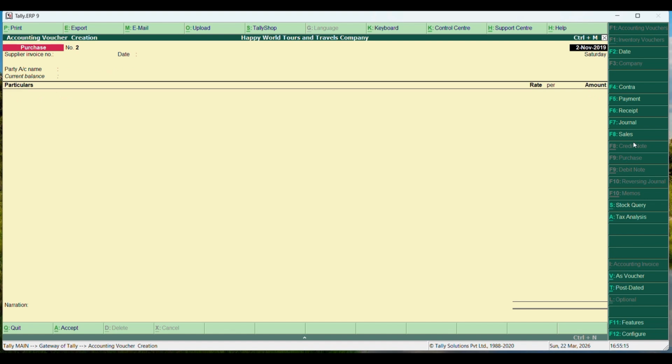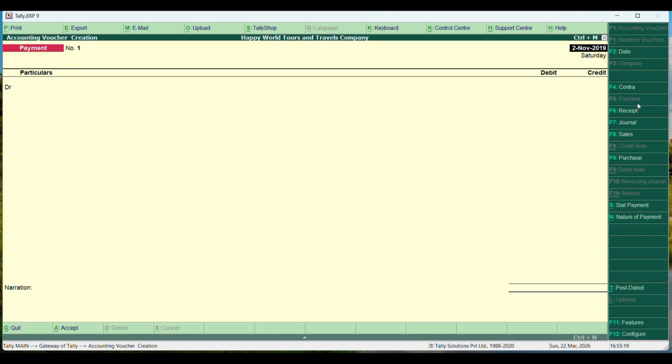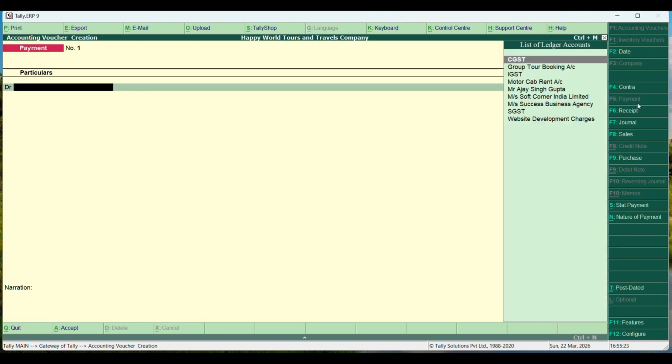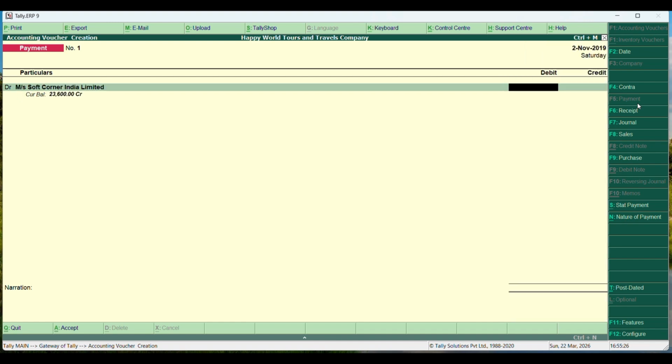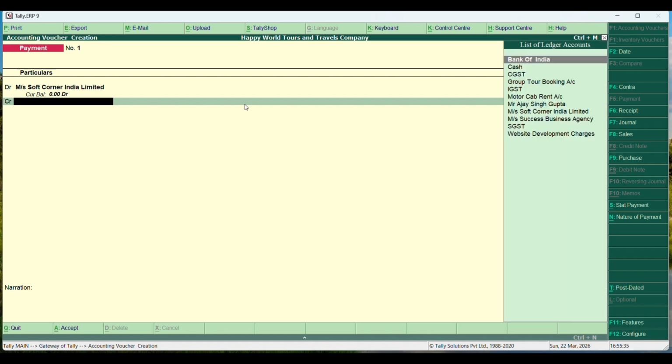Next I will be paying, so a payment voucher has to be created for the same day. So again we will go to MS Soft Corner. Here we have to give the GST including amount, so it will be 23,600, and credit will be, I think, Bank of India.